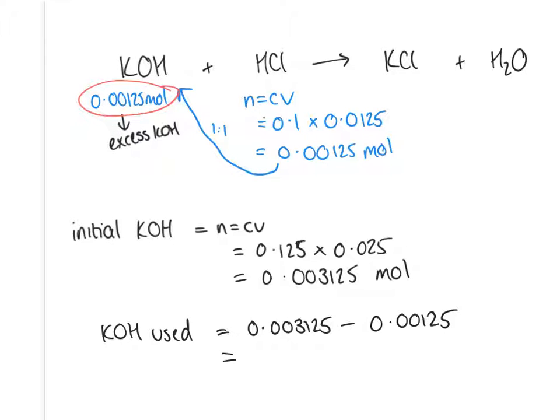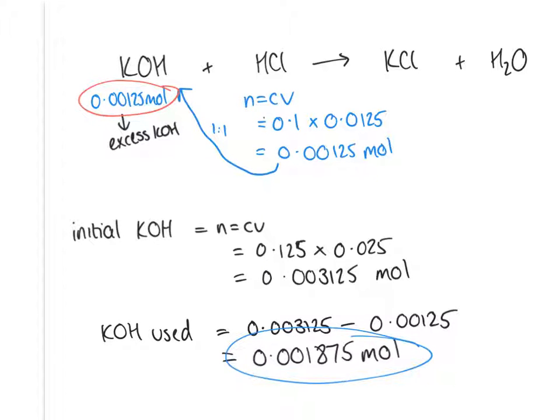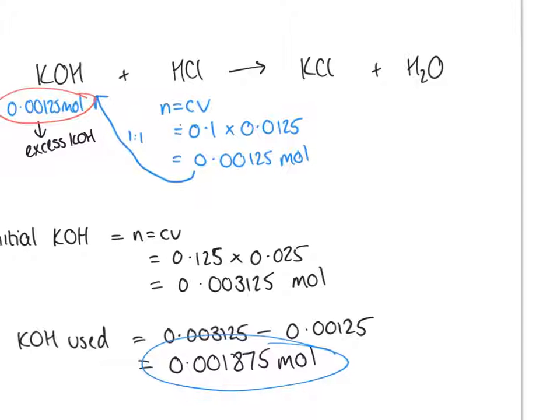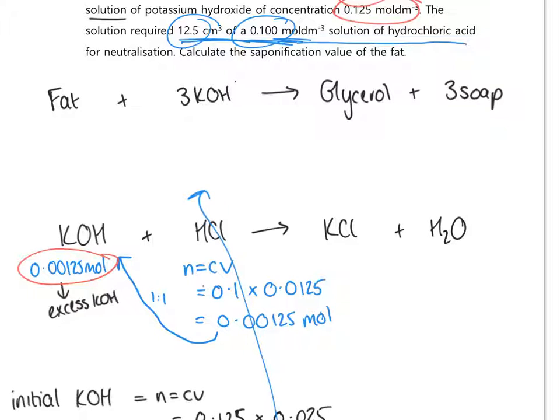That should be 0.001875 moles. So that is how much did react with my fat. Okay, so I can bring that up to this equation. Don't really need this part of the equation that much, but bring that up here. 0.001875 moles of my potassium hydroxide.